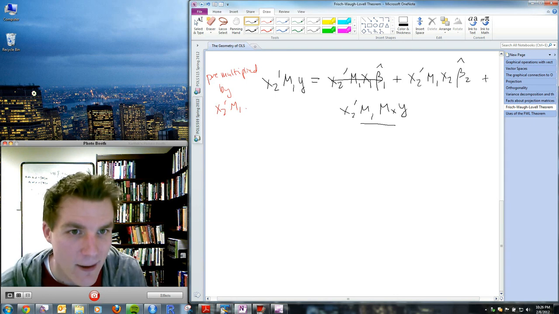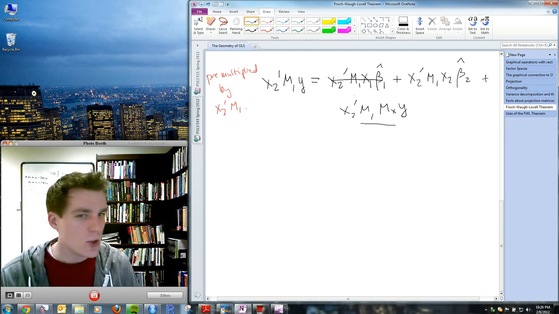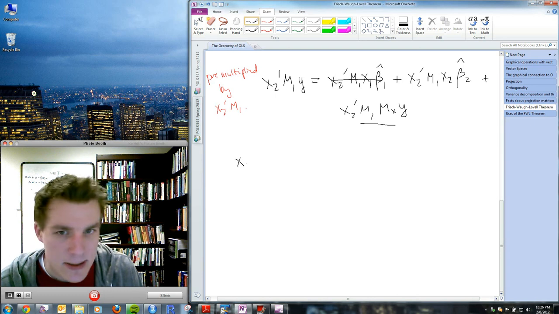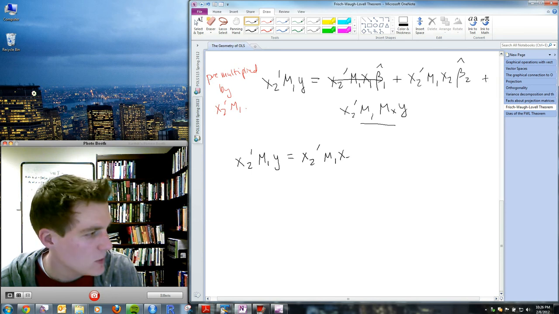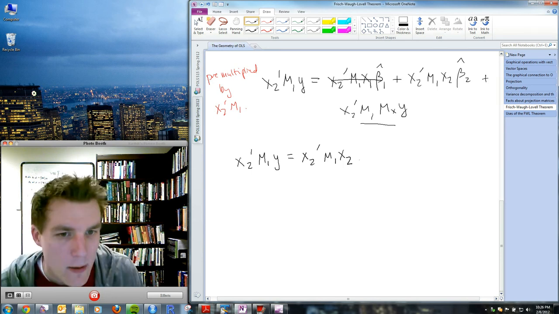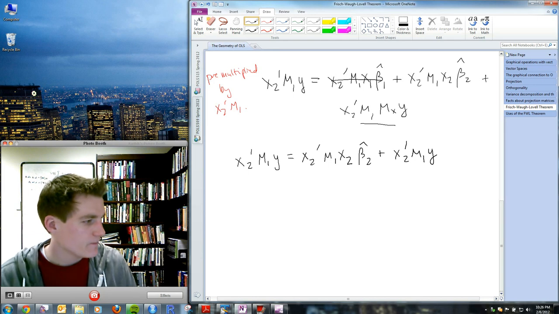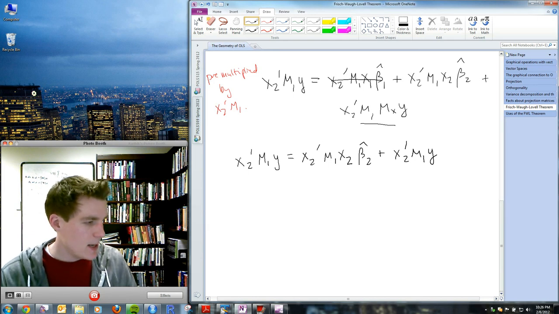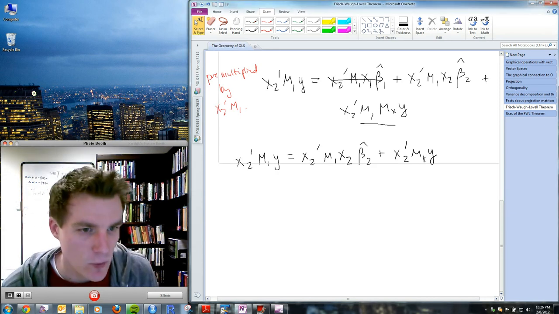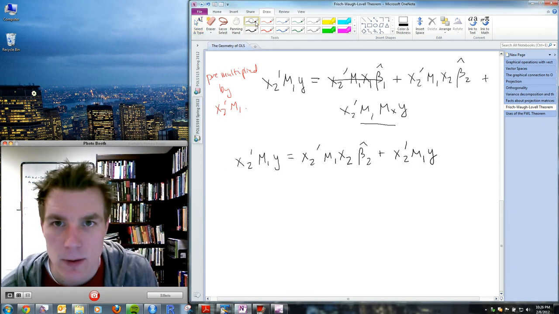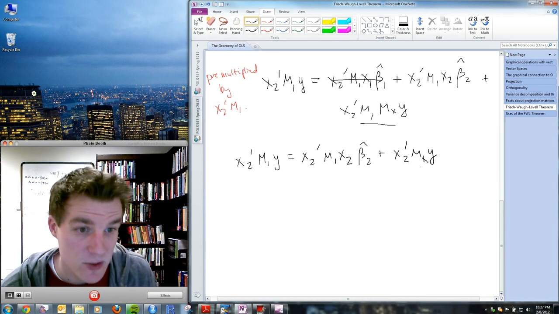So this is just going to die. And so what I'm going to have left is x2 transpose m1 y equals x2 transpose m1 x2 beta 2 hat plus x2 transpose mx y. I apologize, that should actually be x2 mx y.